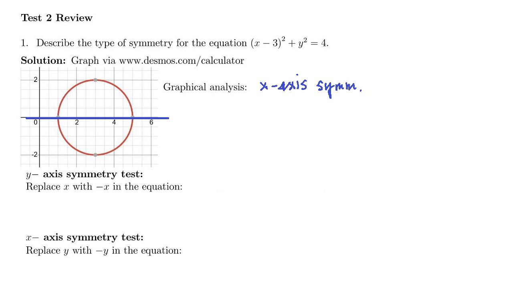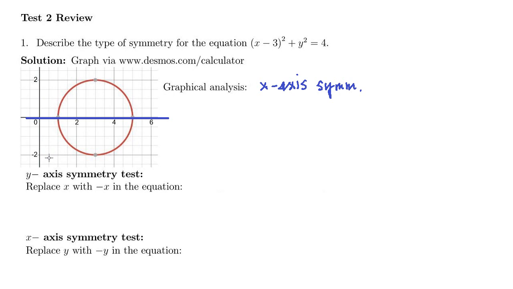And then y-axis symmetry. So we look at our y-axis here. It doesn't even touch the graph. We do have a vertical axis of symmetry, which is right here at x equals 3. But they're only having us check for x-axis, y-axis, and origin symmetry. So the y-axis does not cut the graph in half. So that is not a line of symmetry.